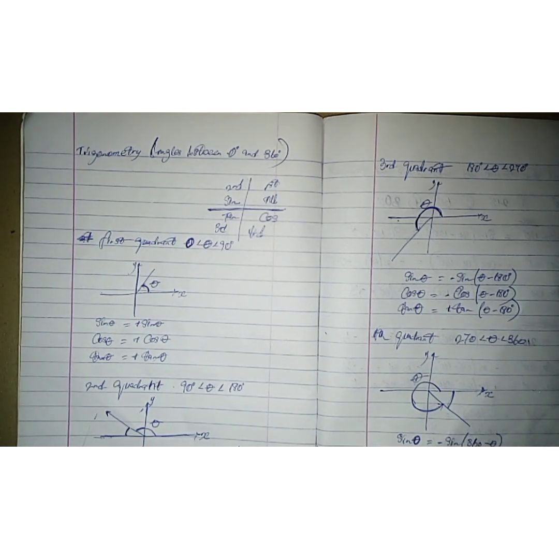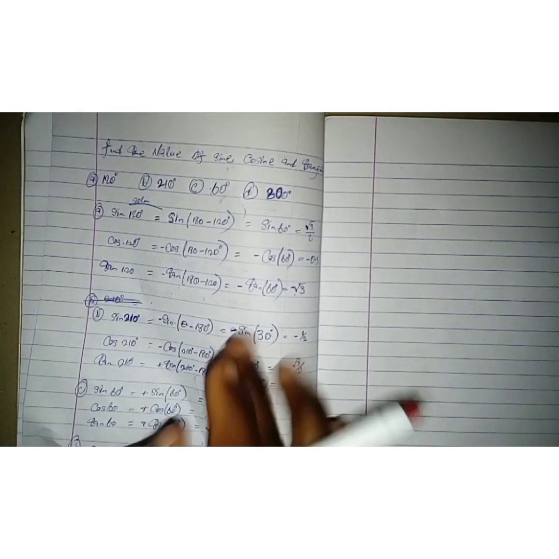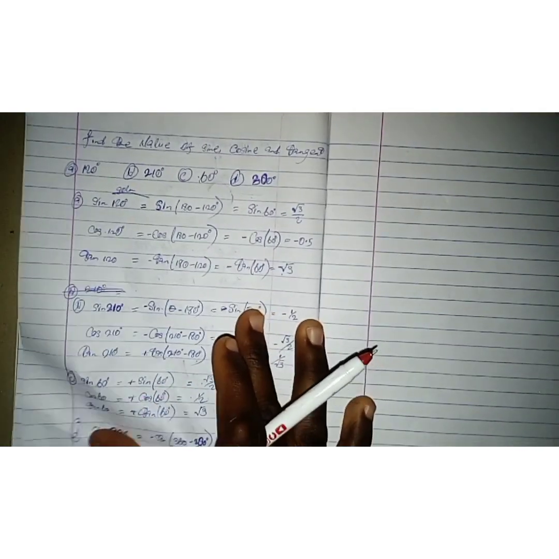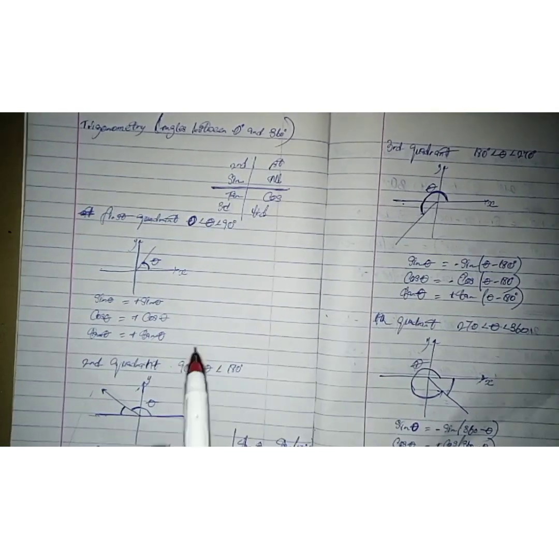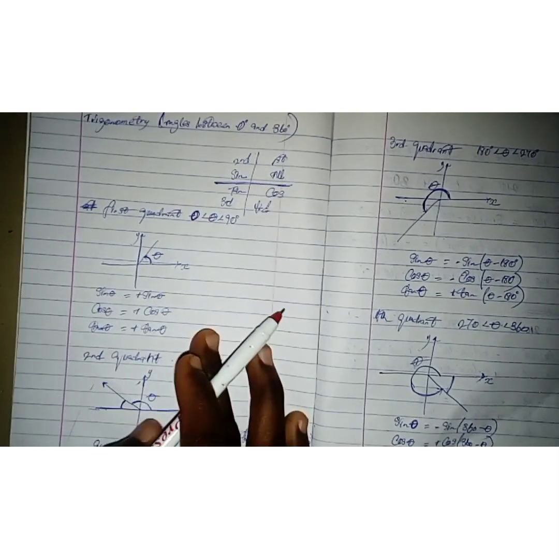But I pray this helps some people that are finding it quite difficult to understand. I pray this will make you understand easier. So this is how you know your positive and your negative angles in trigonometry. Thank you for watching.